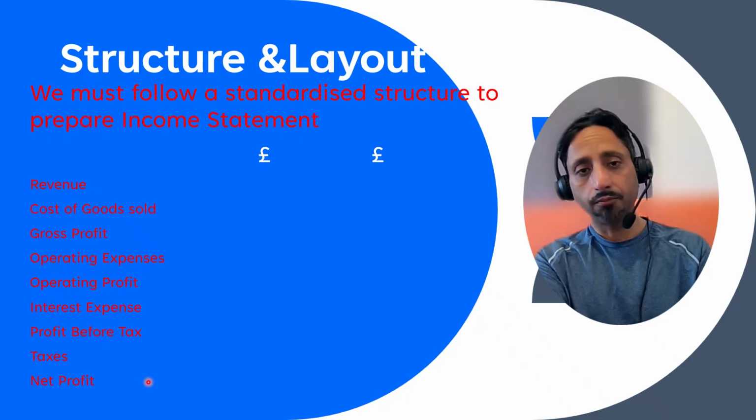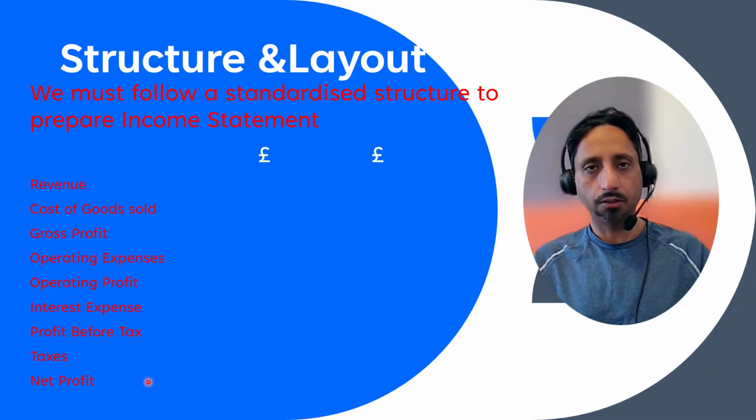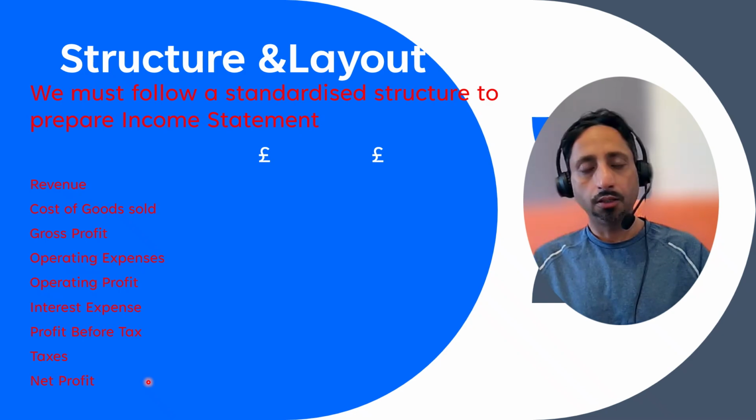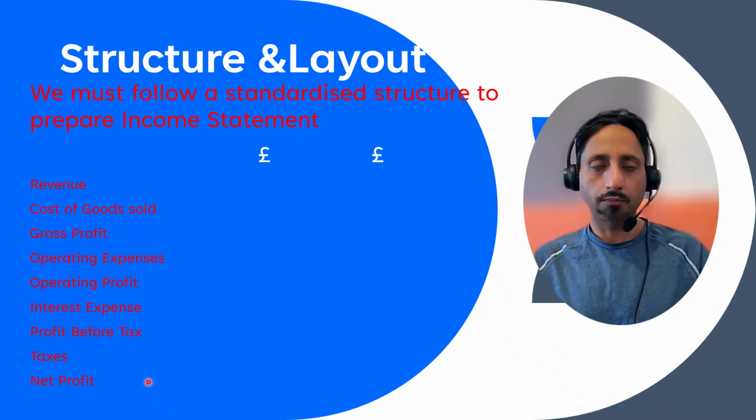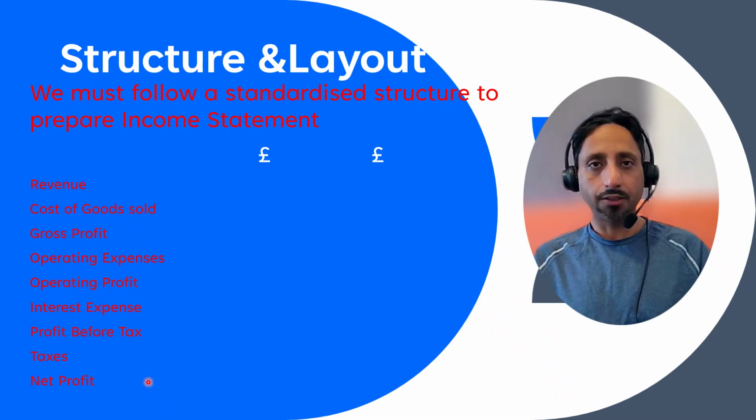Now this is a very simplified income statement. When you look at the income statement of corporations, it will be a lot more complicated. It will have a lot more headings. But those subheadings will come under these main headings.